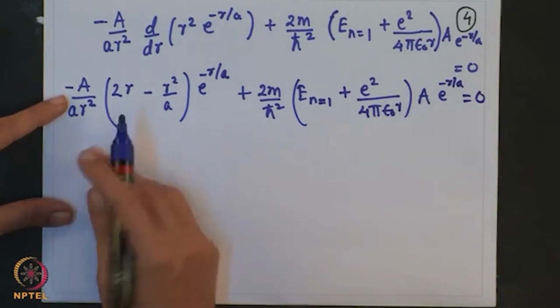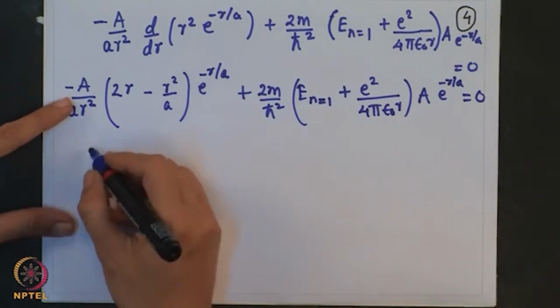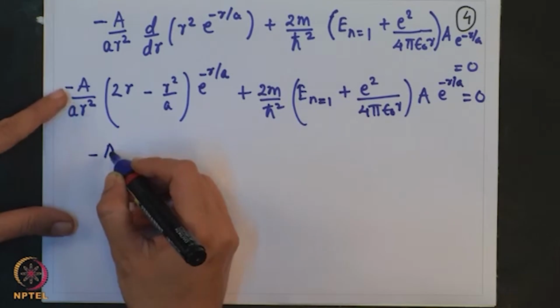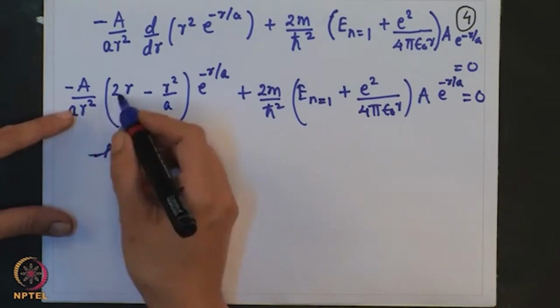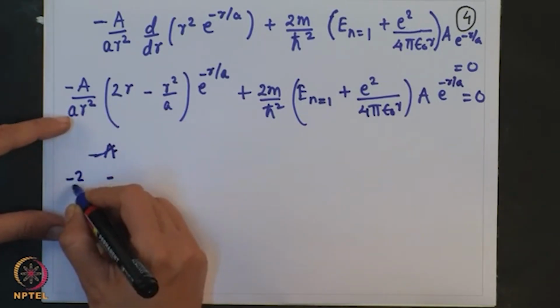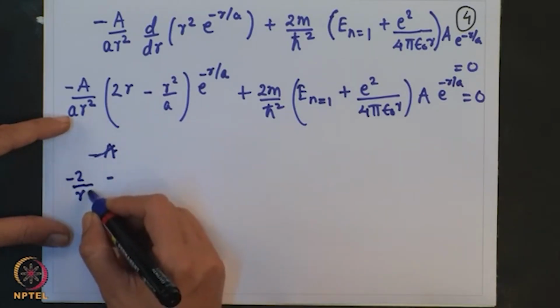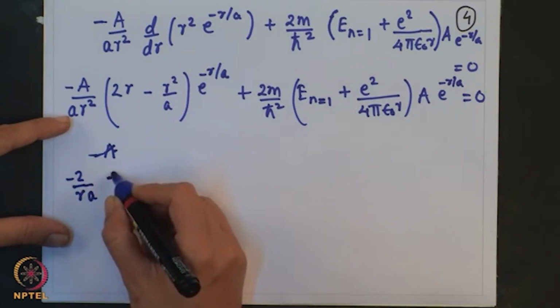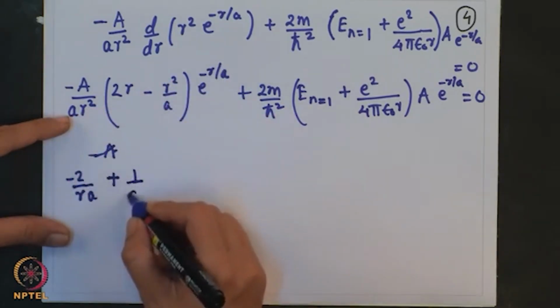Now, in the next step we can actually take these wave functions out. So, I have to take a out. I will have 2 minus 2 pi r first term times a, then the next term will be plus 1 by a square, because r square will get cancelled.